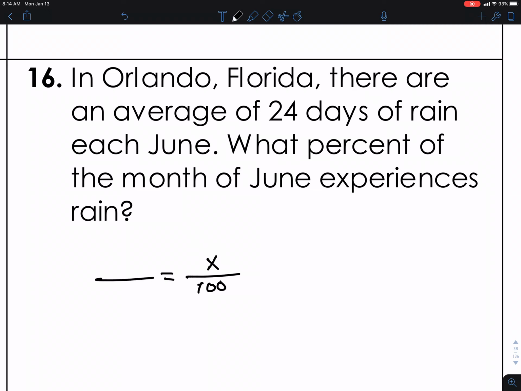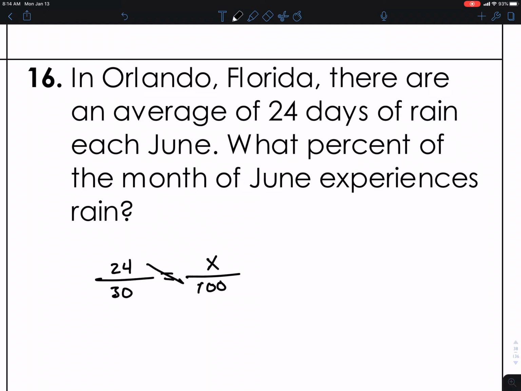Well, they gave us 24, but we need to know how many days are there in June. That would probably help us out quite a bit, huh? Well, in June, there are 30 days. So the total is 30 days. The part that we're looking at, 24. Okay? 24 out of 30 days. It's raining. What percent is that?